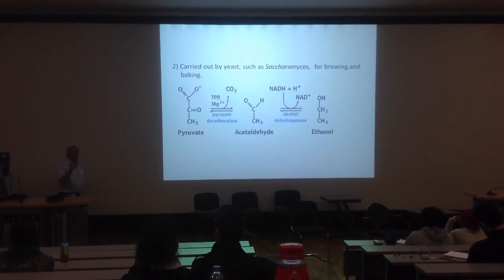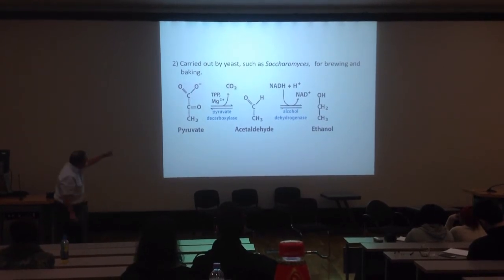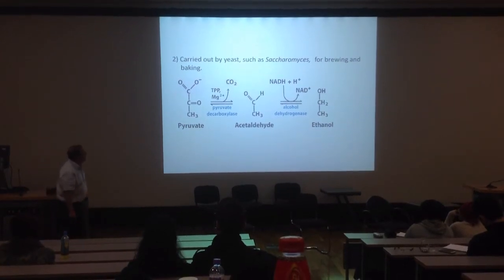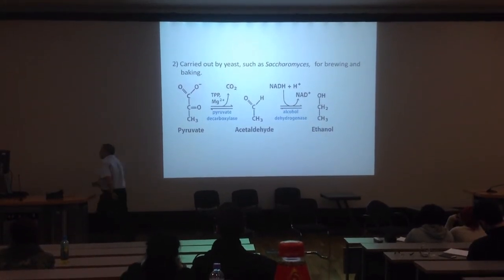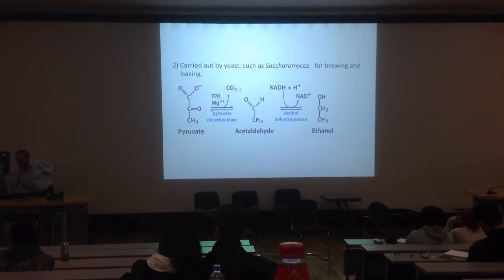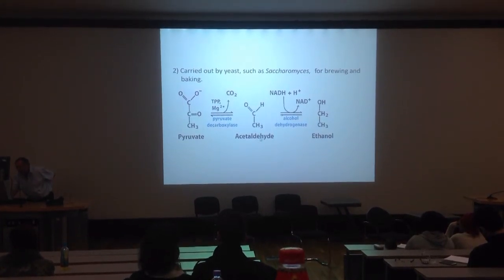In yeast, Saccharomyces, for example, brewing and baking, pyruvate, CH3, C double bond O, COH, loses a carbon dioxide. This comes off here as carbon dioxide. This C double bond O becomes, we form this compound acetaldehyde.